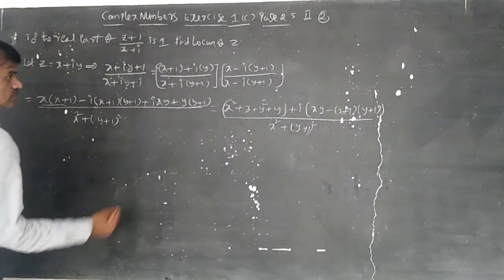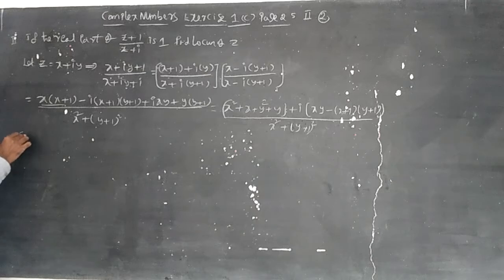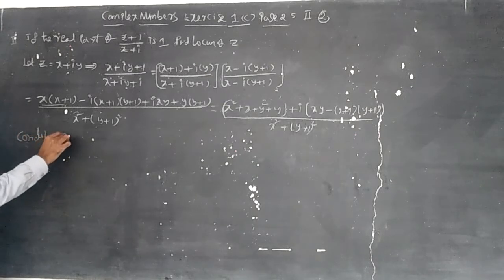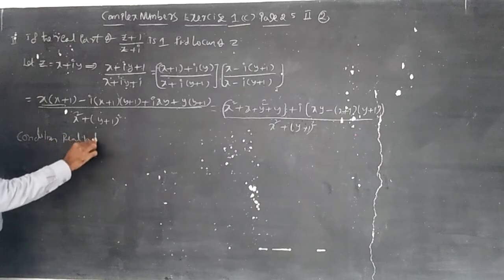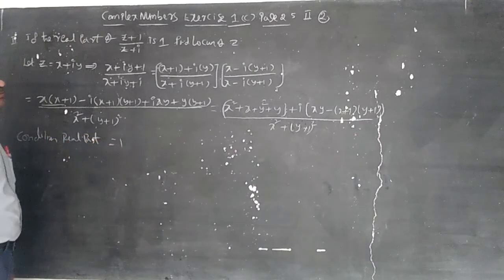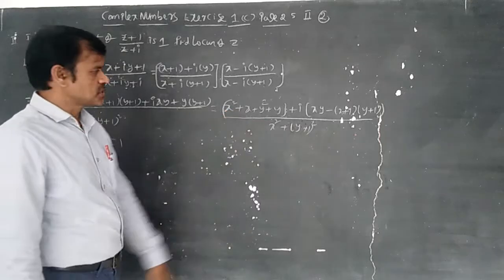In this expansion, the given condition is that the real part of this expansion is equal to 1. So this by this is the real part.